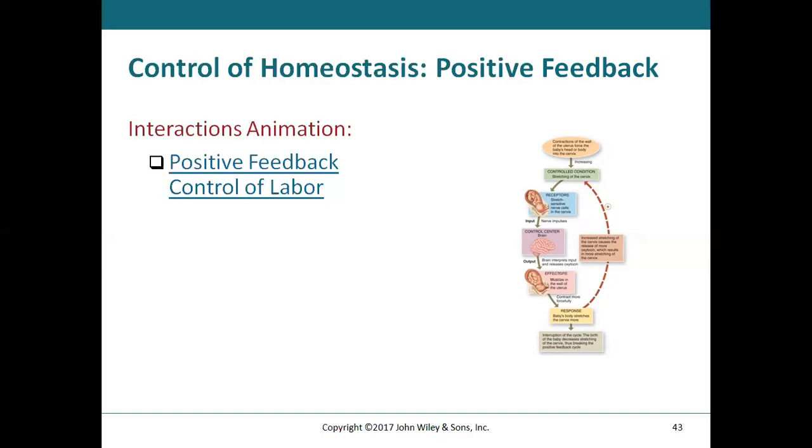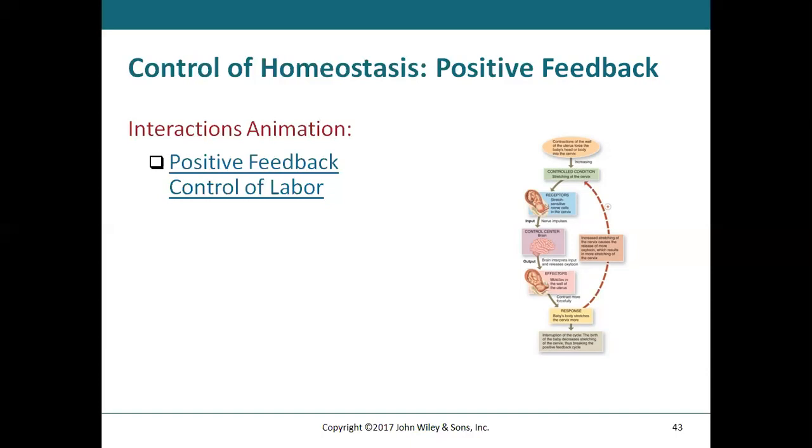The brain tells the body that it needs to release oxytocin. The oxytocin causes muscles in the wall of the uterus to begin to contract. And the response is the baby's body stretches the cervix more and more. And so this continues to occur until the cervix has reached the right dilation.